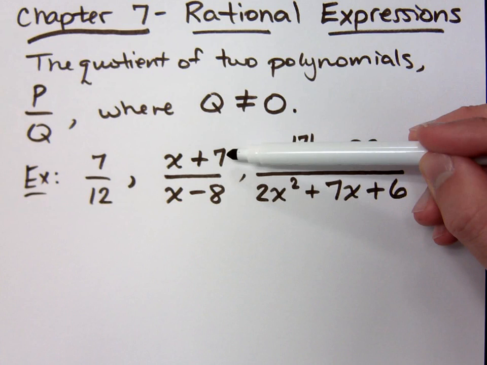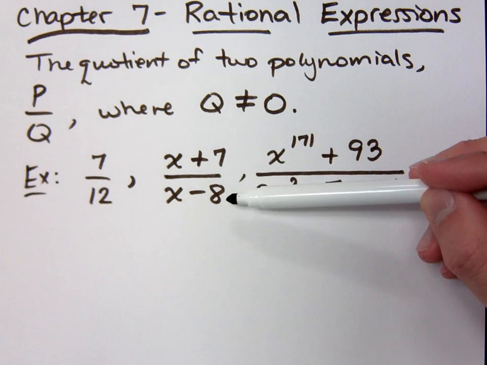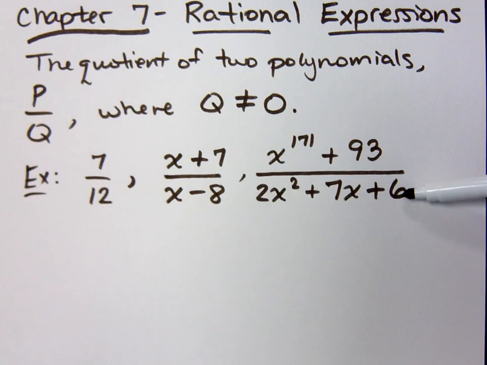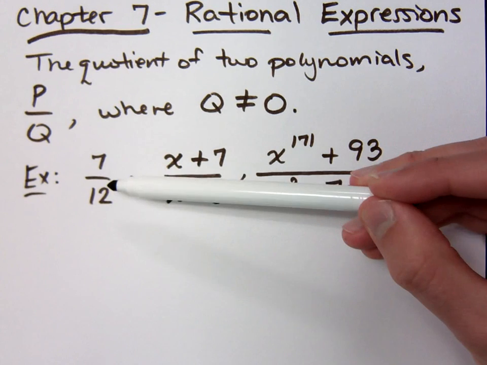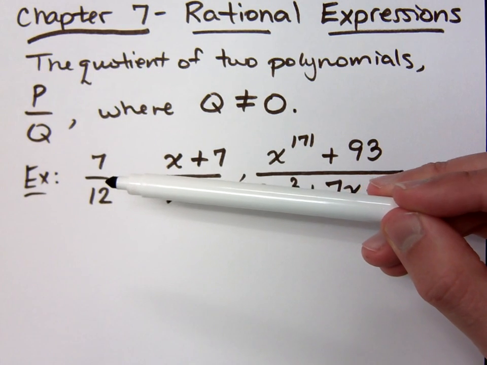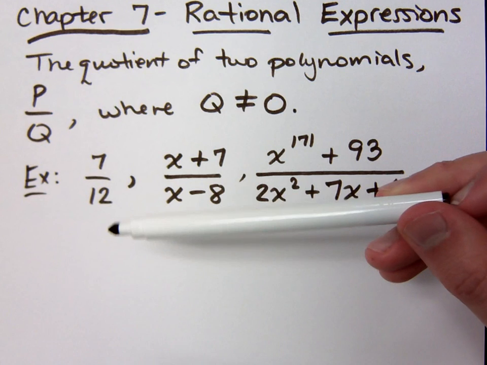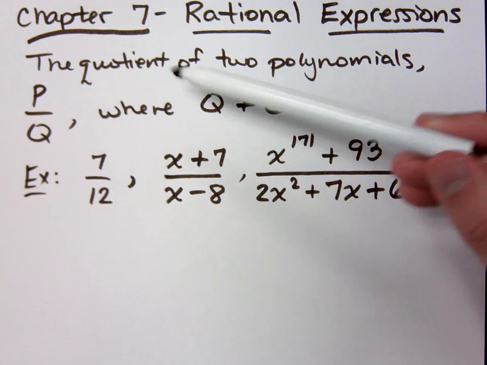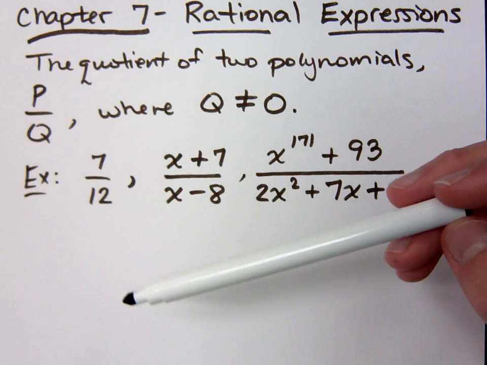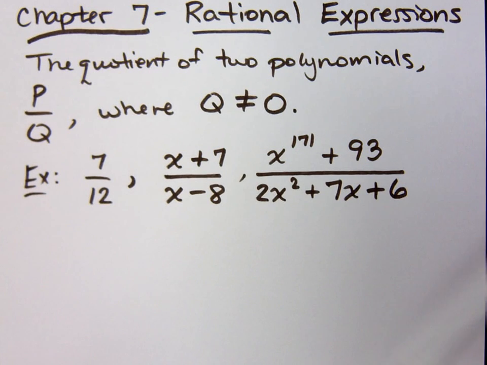You have one polynomial in the numerator and one in the denominator. Likewise here and here. Even 7 and 12 are monomials, so it's the quotient of two polynomials, and the denominator does not equal 0.